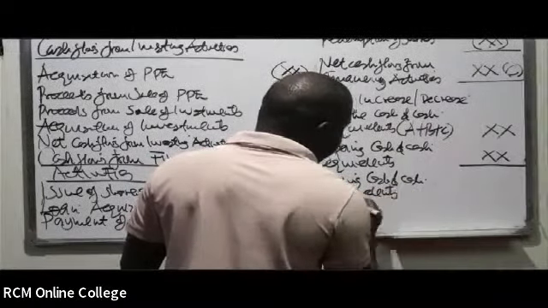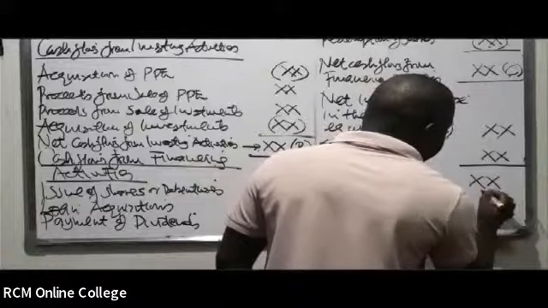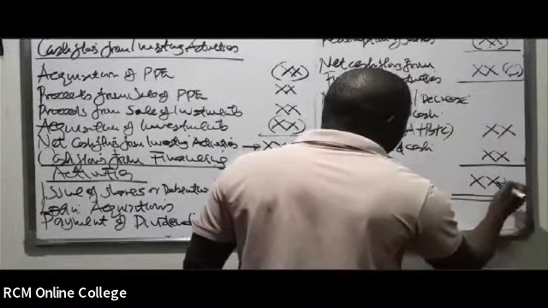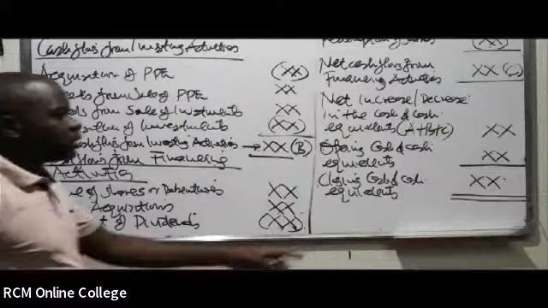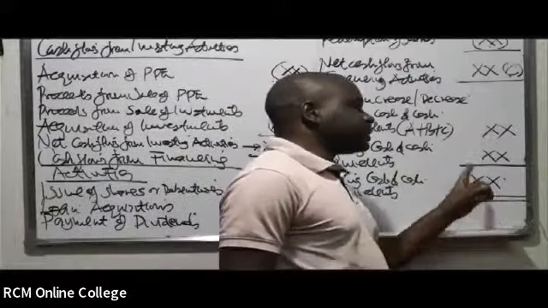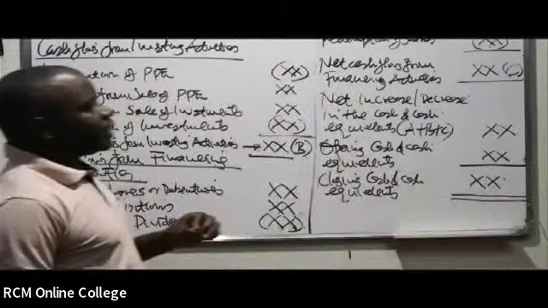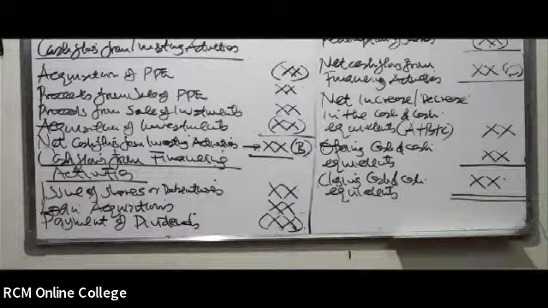If you don't get this closing figure, it means your cash flow statement is not balanced. There's a problem. You must always get the closing figure of cash and cash equivalents in the statement of financial position at the end of the year. That's how you identify whether your cash flow statement balances or not.